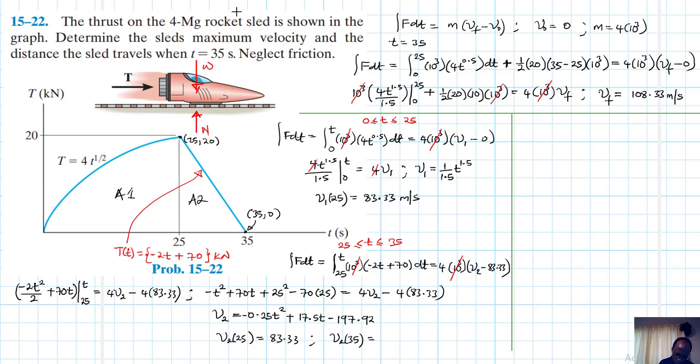Minus 0.25 by 35 squared plus 17.5 by 35 minus 197.92. So this we get 108.33. Okay, there we go. So we have the two equations, and these are fine.